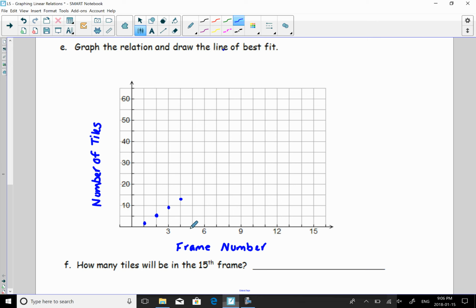You'll notice the pattern is going in a straight line. We call those linear relationships. 5 and 17. 6 and 21. 7 and 25. 8 and 29.